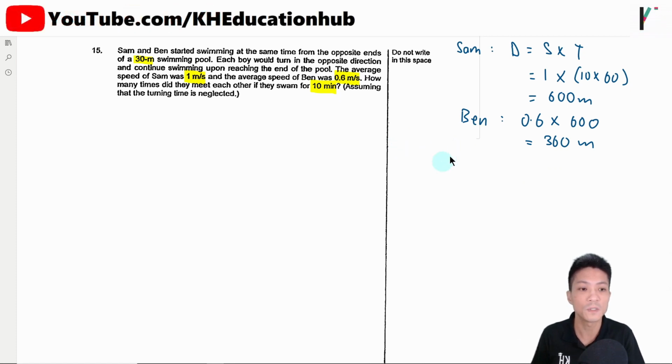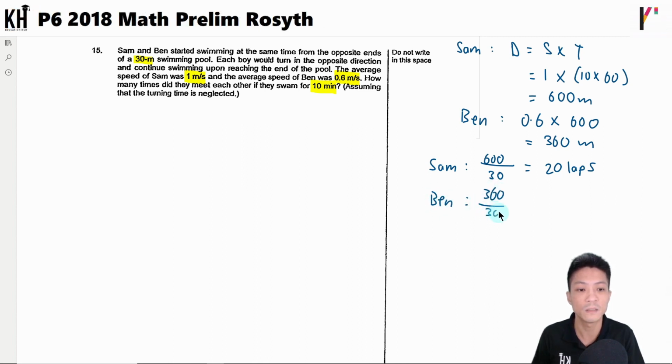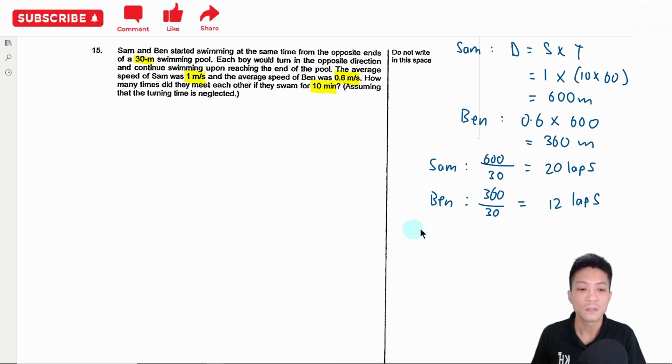So for Sam, how many laps did he swim? 600 divided by 30, that will be 20 laps, right? And for Ben, it will be 360 divided by 30, which is equal to 12 laps. In this case, we're going to change the 20 laps and 12 laps to the simplest form.